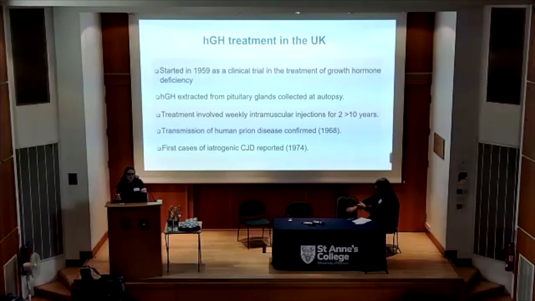The treatment involved weekly intramuscular injections for periods ranging from 2 years up to 10 years. Now, the clinical trials and this treatment began really before the transmission of human prion diseases was confirmed, and also prior to the first case of iatrogenic CJD in a corneal graft recipient in 1974.